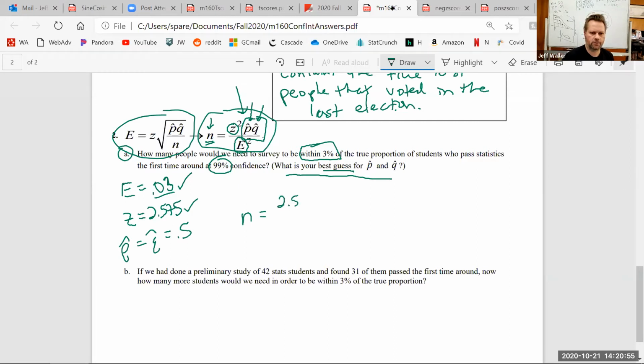So I got 2.575. You can do it. What I just wrote squared times 0.5 times 0.5 divided by 0.03 squared. And for some reason, people always forget the squares. So let's see what we get.